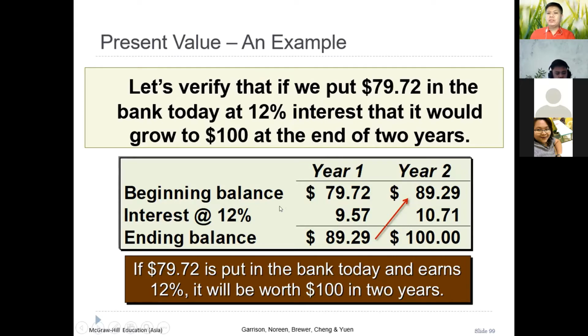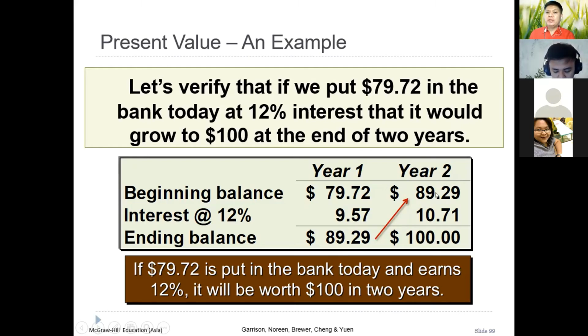Okay, so your beginning balance is 79.72. Okay, what's 12% of 79.72? In the first year, your money earns 12% of 79.72. So that's 9.57. So 79.72 plus 9.57, this is now 89.29. Okay? Now, this 89.29 consisting of principal and interest now earns interest for the second year.